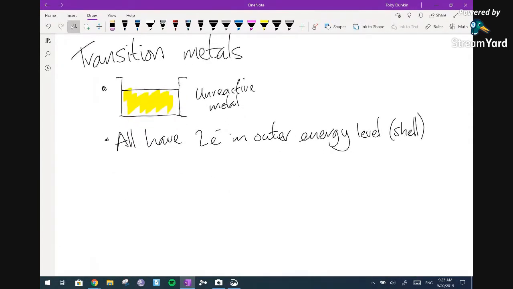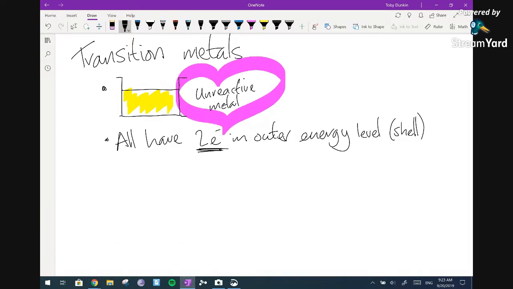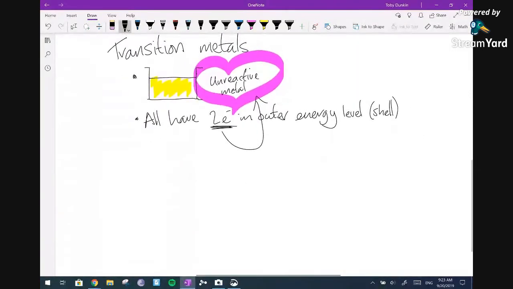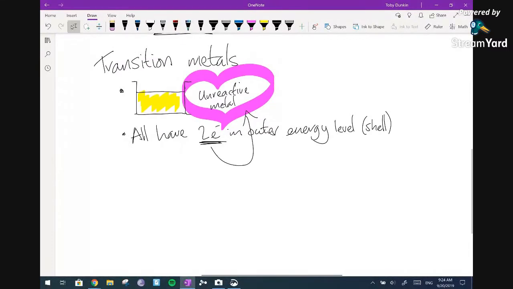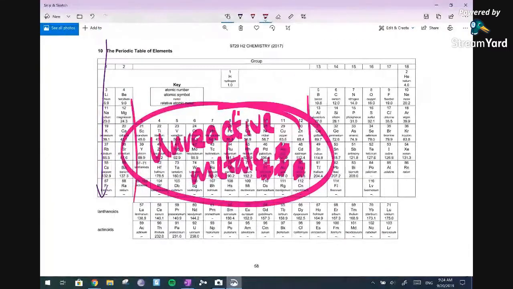So we now discovered the explanation. It took us a couple of thousand years to do it, but we discovered the reasoning behind the unreactive nature of these metals all ties in to the number of electrons in the outer energy level. Okay, so let's now go back to my table and see if we can pick up any other groups of real significance.